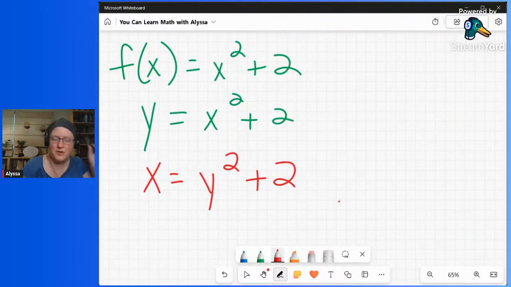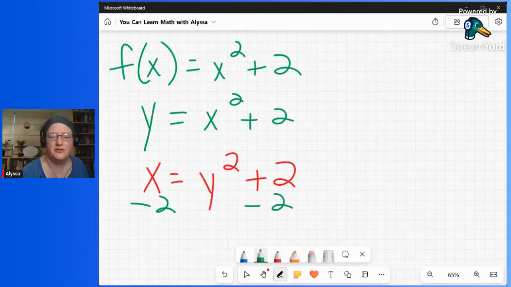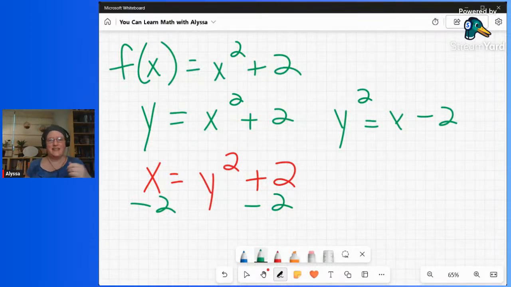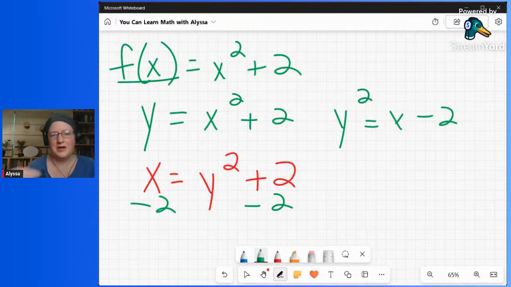So, okay, for this one, I was saying you want to solve for y. Here we'd subtract 2 from both sides, and we get that y squared is equal to x minus 2. Oh, no, sorry, I thought it was inverse. You're right, it is the inverse. We started with f of x, and we are making the inverse.